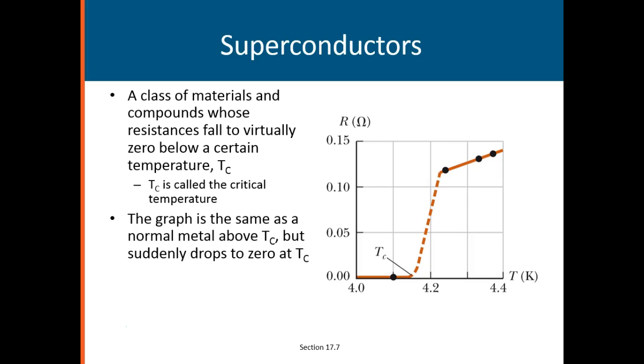So normal room temperature would be 293. You're down here at 4. Just imagine how cold. Freezing point of water would be 273. You're at 4K. That is incredibly, incredibly cold. Now, some of them are not quite that low, but they're all pretty low.